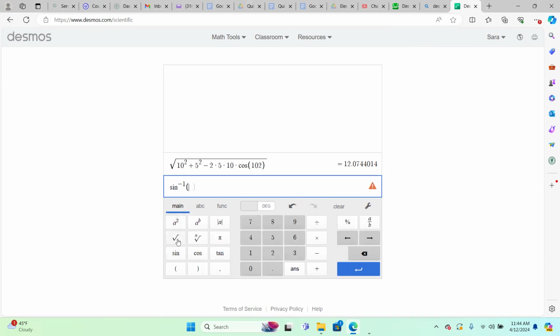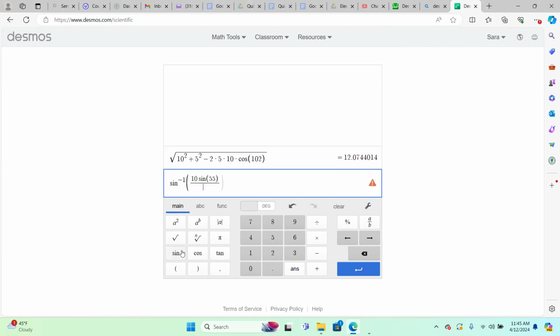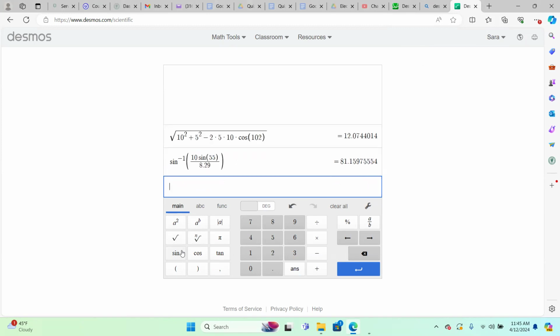And the thing we're taking the inverse sine of is 10 times the sine of 55 divided by 8.29. And that is angle B is 81.16 degrees.